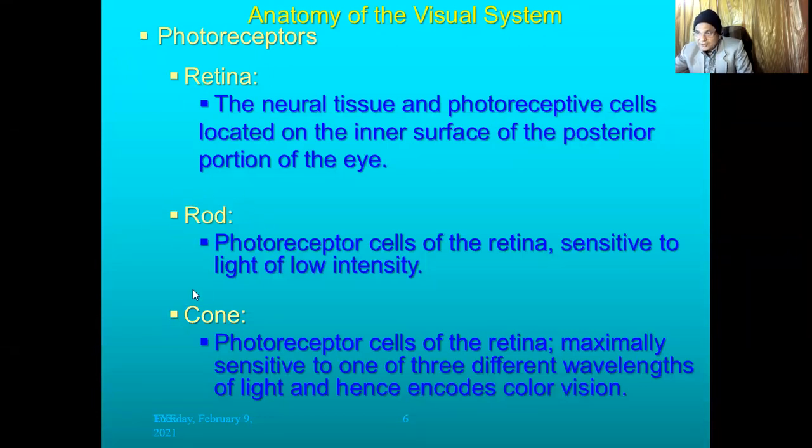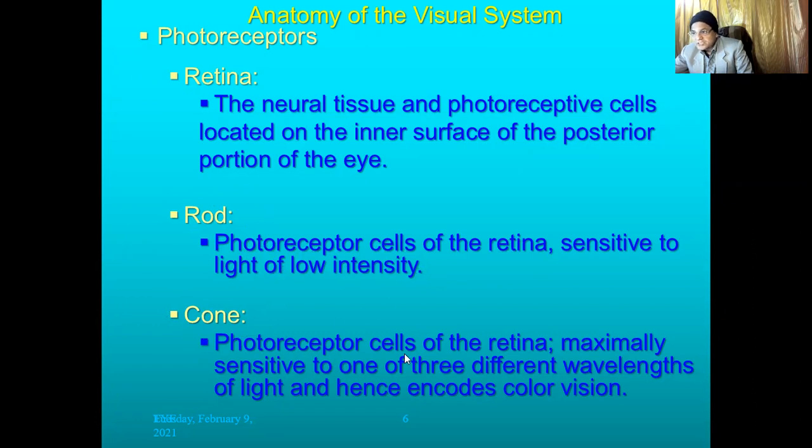Now, among the photoreceptive cells, there are two important structures. One is rod, the other is cone. So these rods and cones are sensitive towards color. Color means frequency, which kind of frequency is there. Rods are photoreceptor cells of the retina sensitive to light of low intensity.